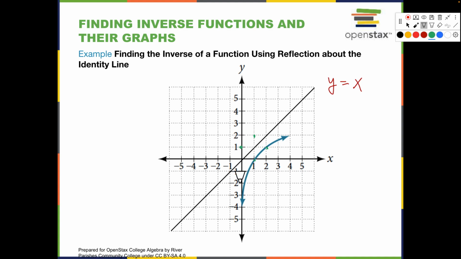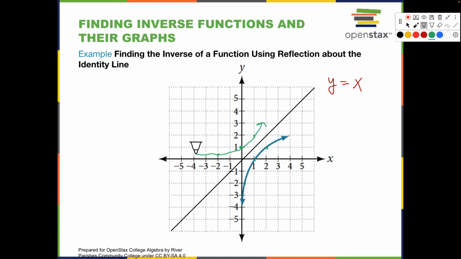Let's see if I can find another good point. Here's 2, a little bit above 0 and negative 2. So I go to negative 2 and a little bit above to help me, and I could connect these, something like that.